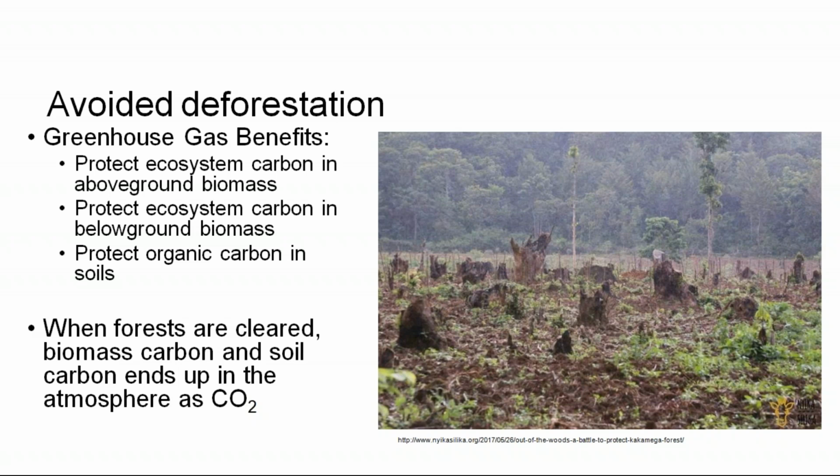And of course, there's all the other benefits associated with avoiding deforestation, such as maintaining biodiversity, water, hydrological benefits, etc. So when forests are cleared, biomass carbon and soil carbon end up in the atmosphere as carbon dioxide. So there's emissions associated with deforestation.